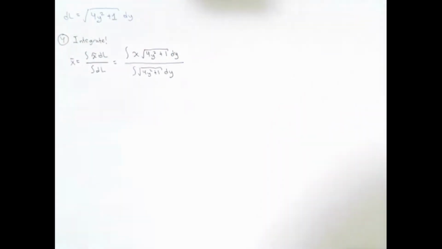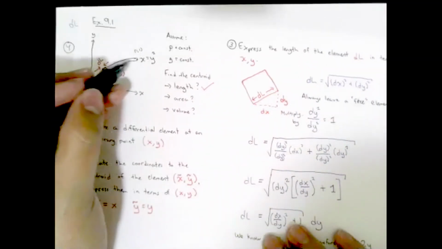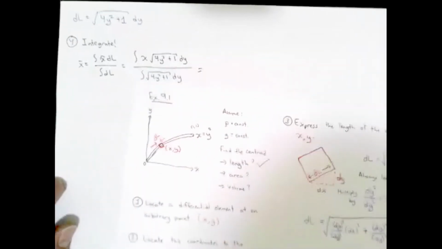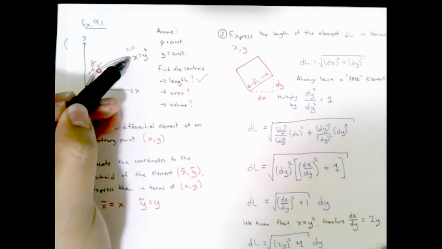Likewise, we have the integral of dl. We know that dl is equal to this expression. Good. Of course, we need to apply limits to this integral because we're integrating over the length of this rod. It's not an infinite rod, right? It's a finite rod that starts at 0 and ends at 1, 1.